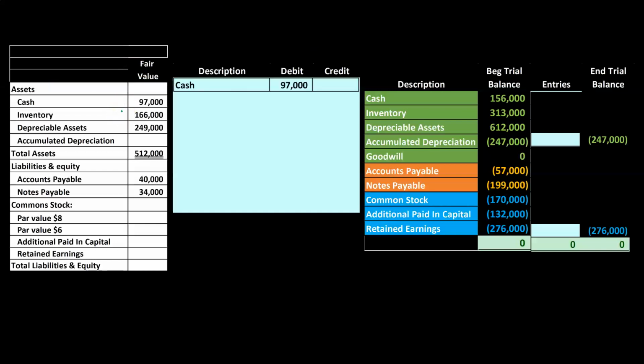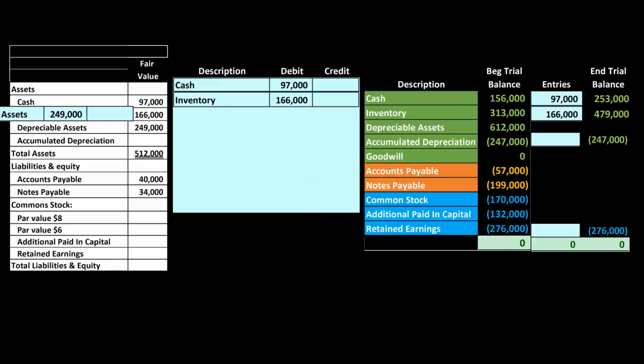So we're going to say, all right, cash is going to go on the books at the 97,000, no problem. So we had the 156,000 before, plus 97,000 brings us up to the 253,000. The inventory is going to go on the books for the 166,000. That means we had 313,000 before, plus the 166 brings us up to the 479,000.